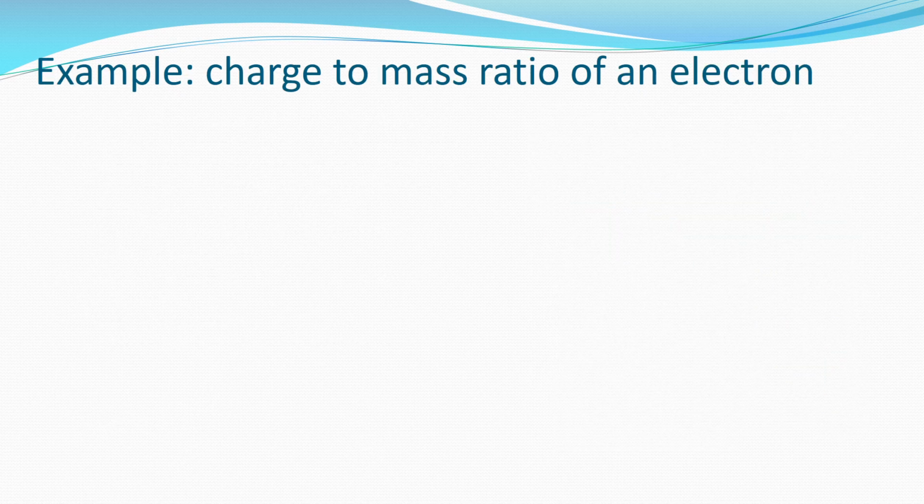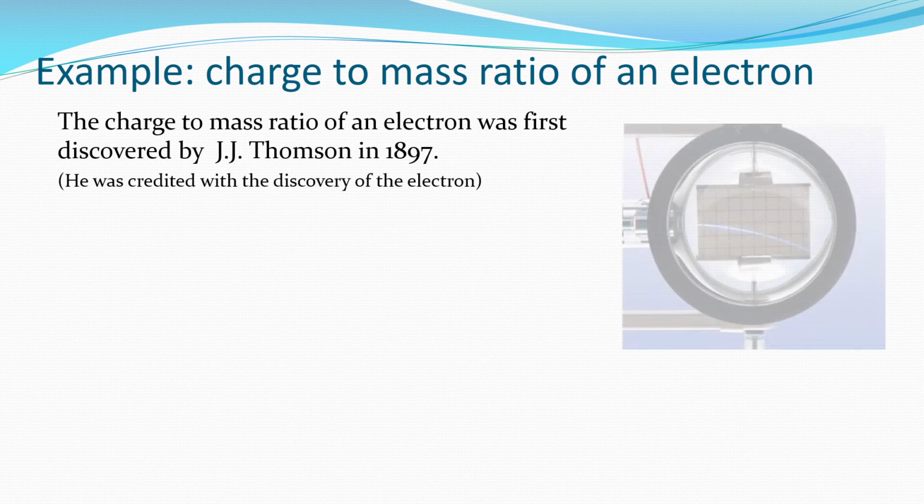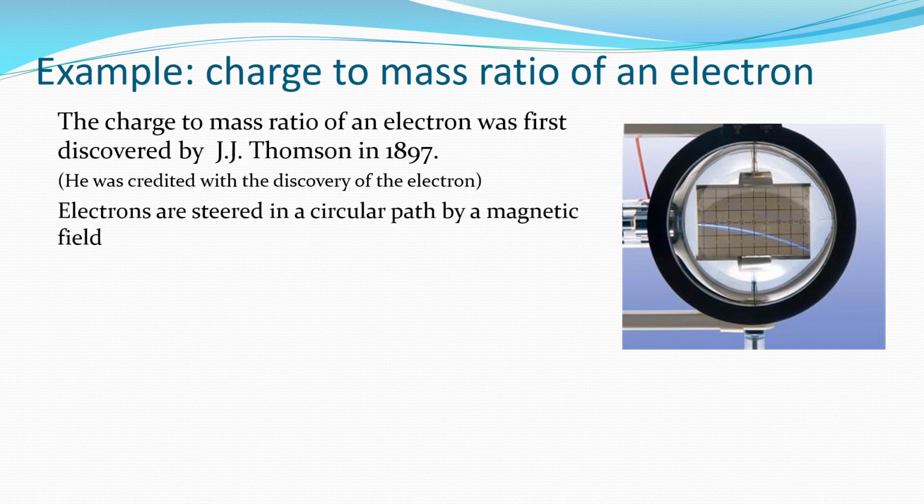Another example is looking at the charge to mass ratio of an electron. The charge to mass ratio of an electron was first discovered by J.J. Thomson in 1897. Now you may remember J.J. Thomson, because J.J. Thomson was also credited with the discovery of the electron and won the Nobel Prize. So here we have a deflection chamber, a Teltron tube, and so electrons are steered in a circular path by a magnetic field.